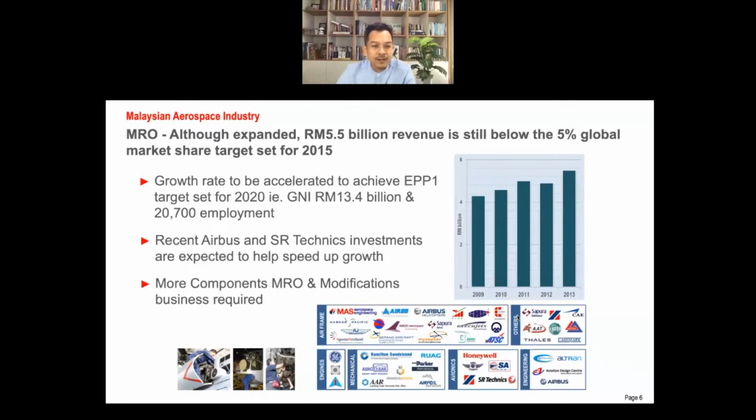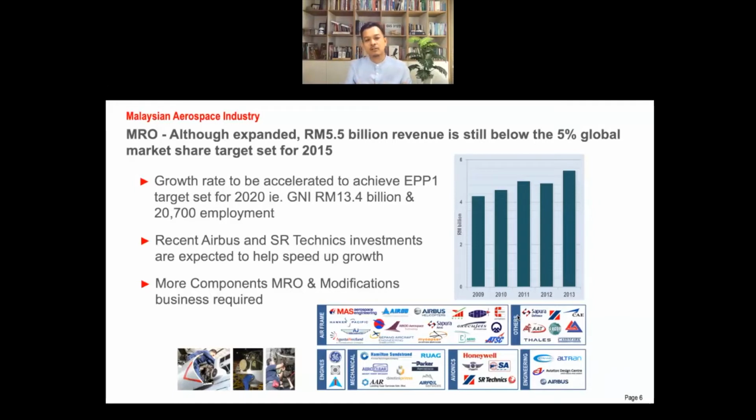So although it has expanded beyond 5.5 billion ringgit Malaysia revenue, it is still below the 5% global market share target for 2015. So in the beginning, 1997, we do not have a target. We do not have a plan of what we want the aerospace industry, especially the MRO subsector, to be.